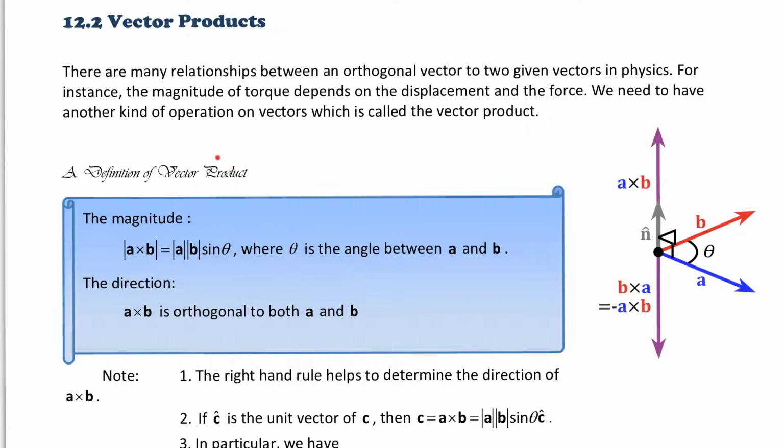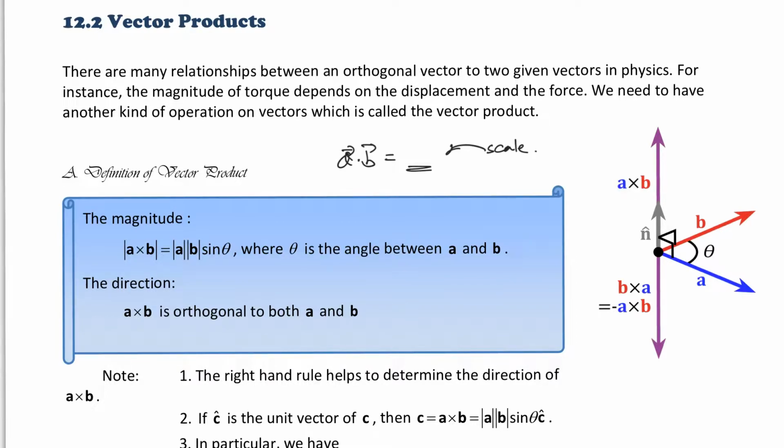Vector product, I want to emphasize that the main difference is not only in the definition but also in the outcome. For the scalar product, A dot B, if we have two vectors, one is A, another is B, the final answer is a scalar, so it is called scalar product.